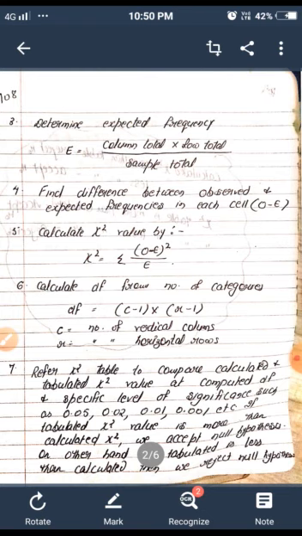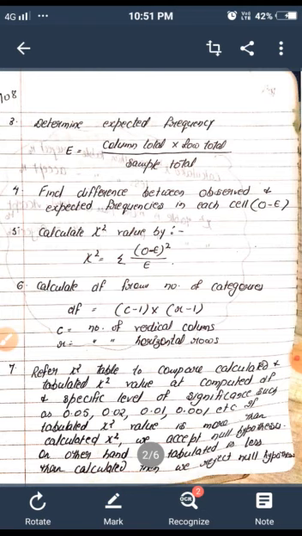So refer to the chi-square table to compare the calculated and the tabulated, tabulated meaning which is given in the table, at the computed degree of freedom and the specified level of significance. Like you can take the level of significance, we already discussed, it can be 0.05, 0.02, 0.01.